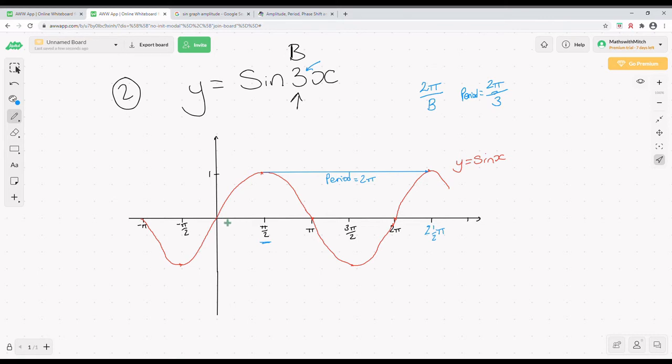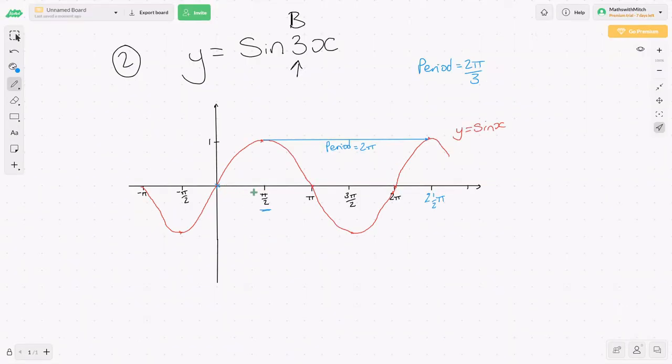So let's think about how that will look. The easiest way to consider it is you have 0 here. Now the first point at which it crosses is normally pi. Instead, that'll now be pi over 3. We're just doing this as a sketch, but that'll be roughly here. Then the next time it comes through is 2 pi for the normal sine graph, so that'll be 2 pi over 3, or roughly here.